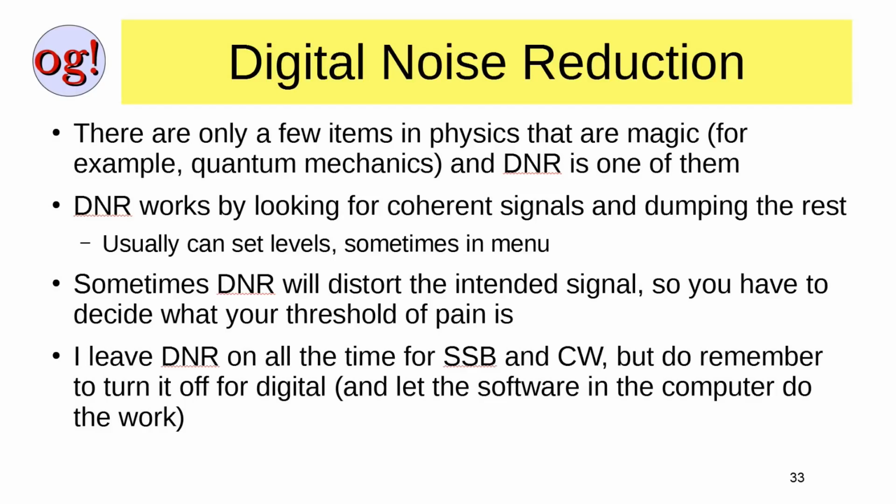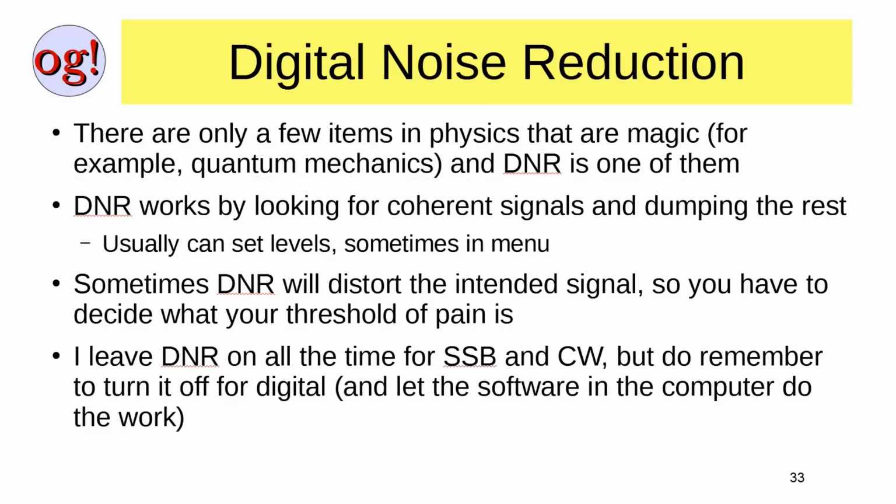Let the software in the computer do the work, because what may appear to the filter to be uncorrelated and therefore noise and thrown out might be the way the digital mode works. And the digital mode will pick out what it wants and throw away the rest. So on digital modes, turn off everything.